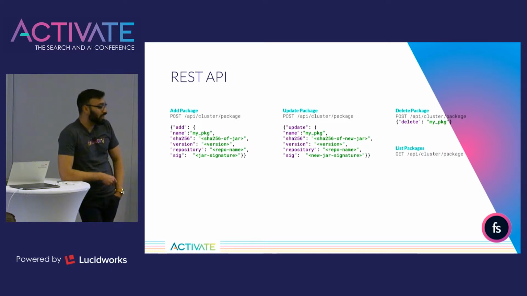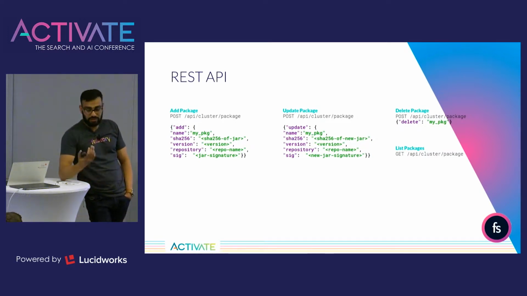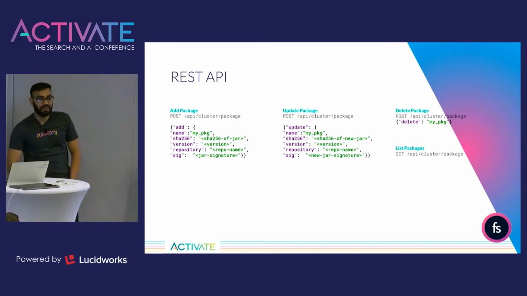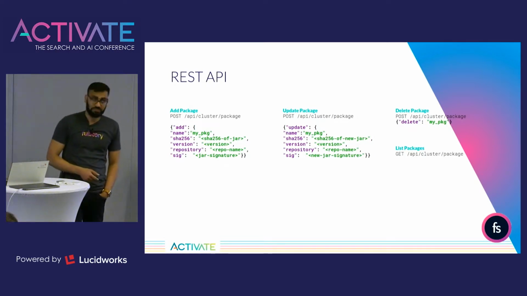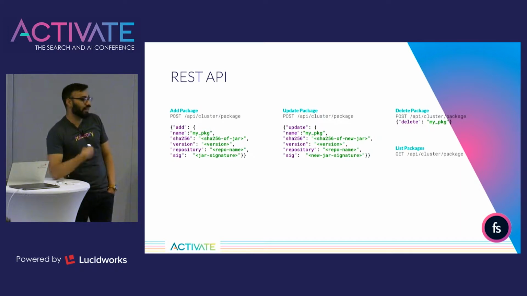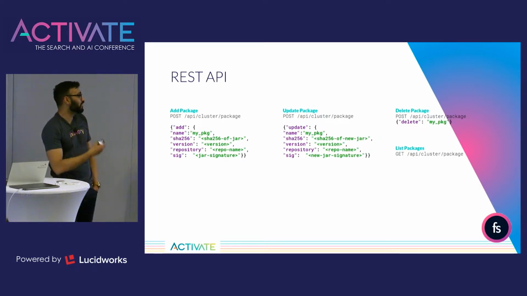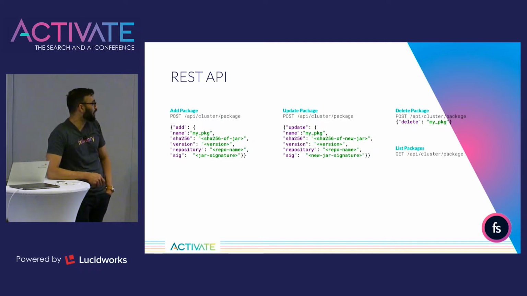So these are the REST APIs. When Ishan showed the command line interfaces, these are the REST interfaces which the command line internally uses to actually make this work. So you have simple CRUD APIs for adding, updating, deleting, or listing a package.